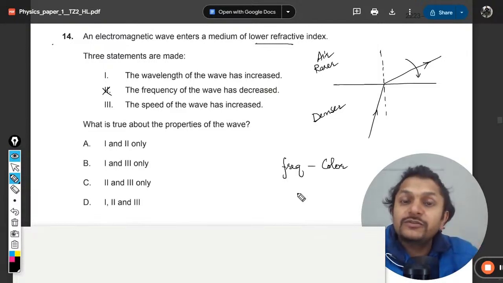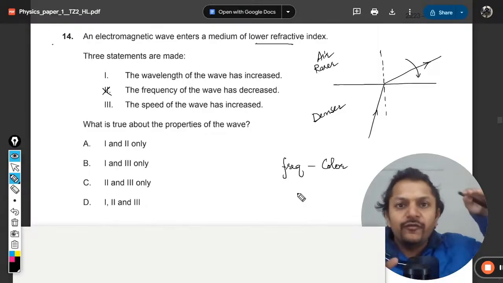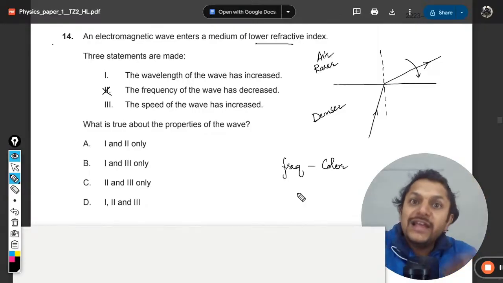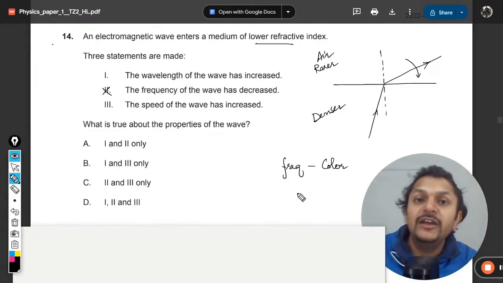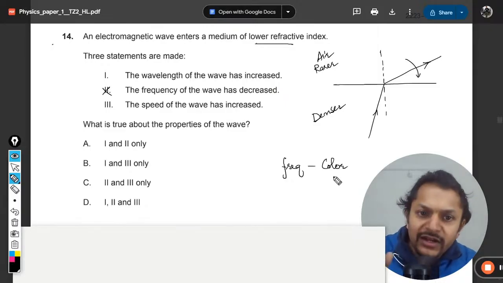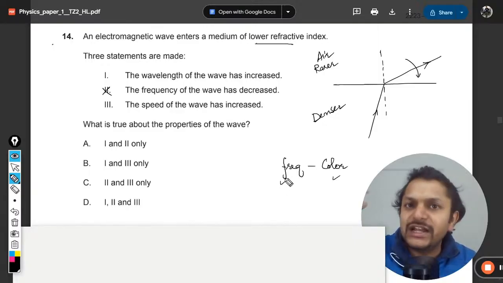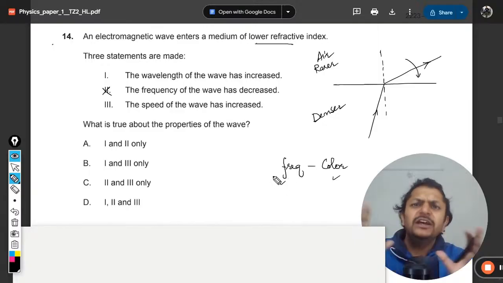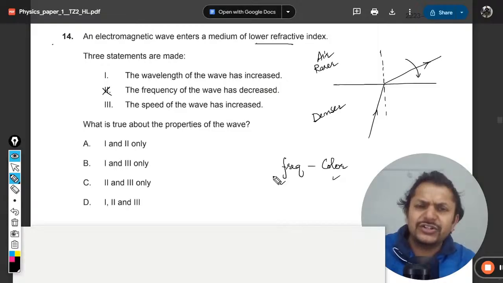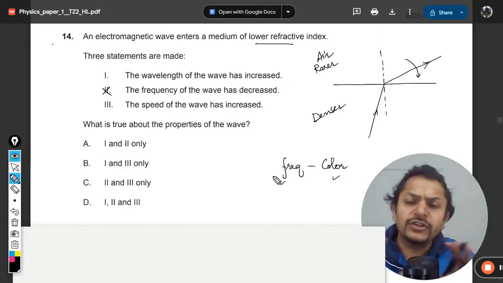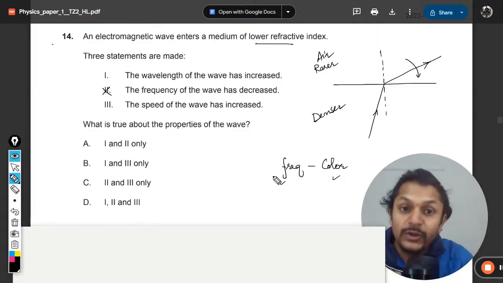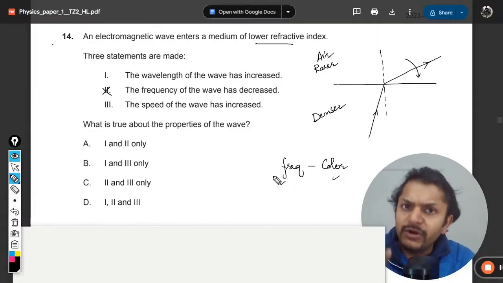Even if you are out of the swimming pool, it is looking red, and even when you are in the water, at that time also the light will be looking red only. So color is a function of the frequency, and color does not change means that the frequency doesn't change. I'm giving you this context just for the sake of remembrance, that yes, frequency will not change, but what will change?